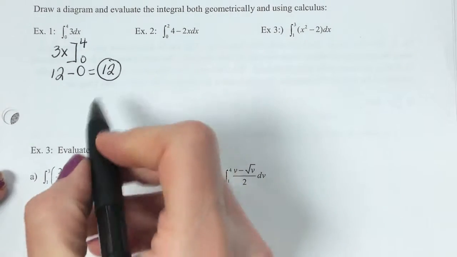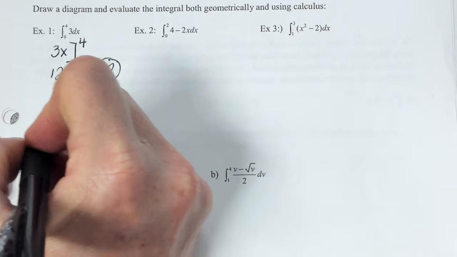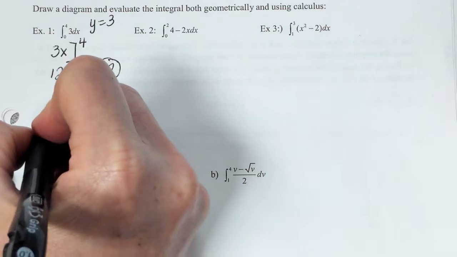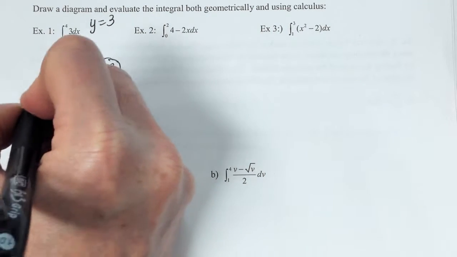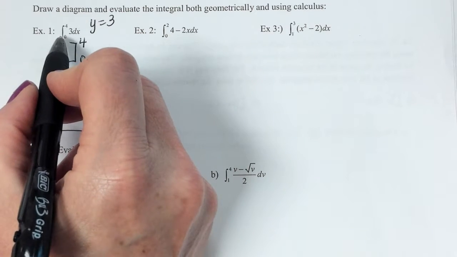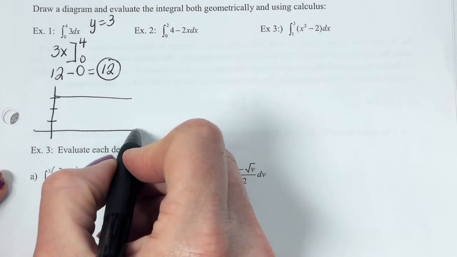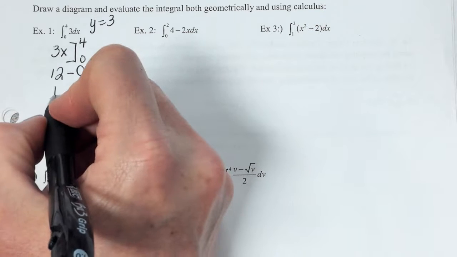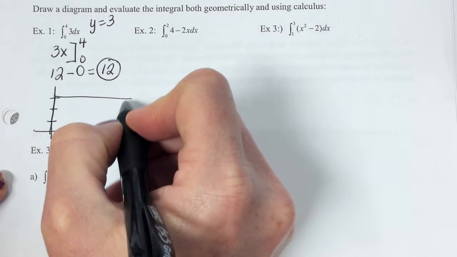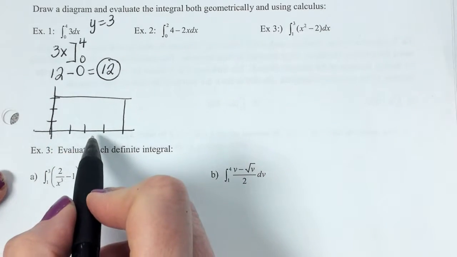Now, what we actually did there was this. Our function is y equals 3. If I graph that function, that's going to be a horizontal line, y equals 3. We're going to be bounded by the x-axis always. We're also bounded on the left by x equals 0, and on the right by x equals 4.